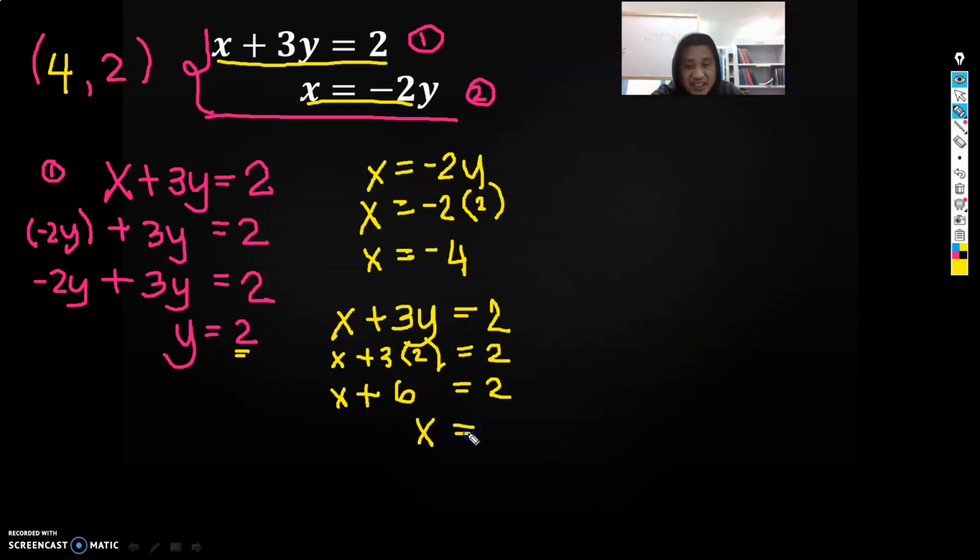Tingnan nyo. 2, positive 6. Pag nilipat sa kabila, magiging negative 6. X is equals to negative 4. So, notice, kahit anong equation ang ginamit natin, negative 4 pa rin ang lumabas.